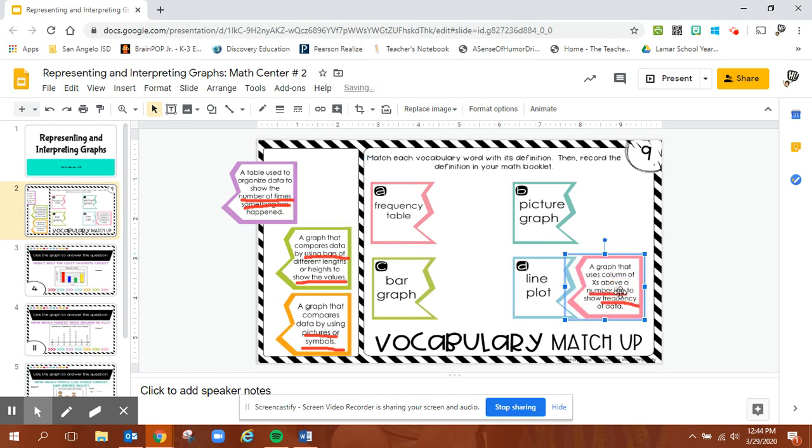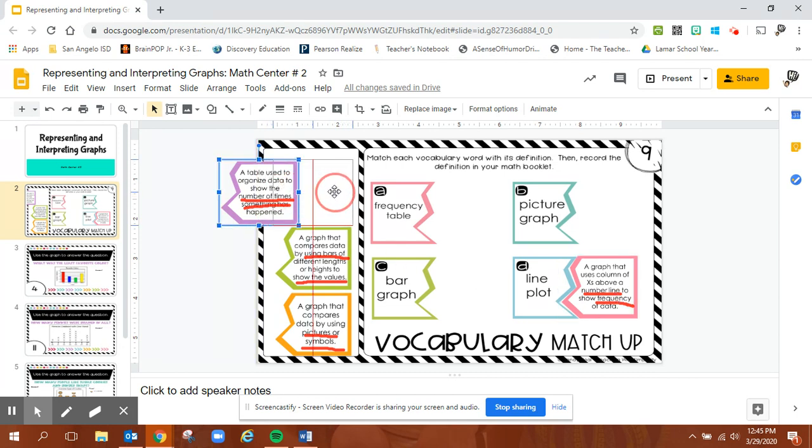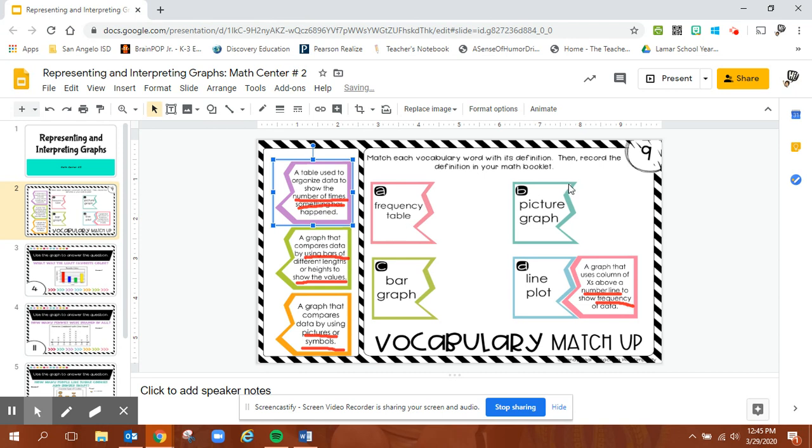Okay, remember from our vocabulary video, it had x's on top of numbers to show the different number of people who chose something. Okay, so all you're going to do is these last three, you're going to match them to whichever vocabulary word you think it is. If you need to, you can go back and watch the vocabulary videos, okay? If you need help, I will be on Zoom too, so we can go from there.